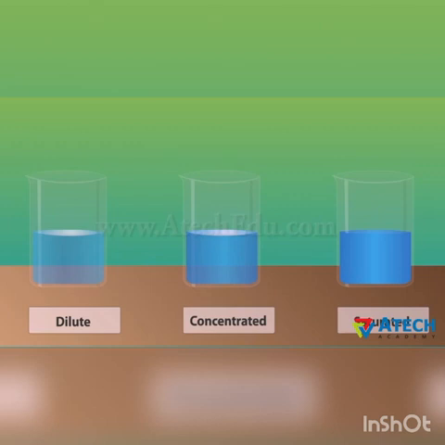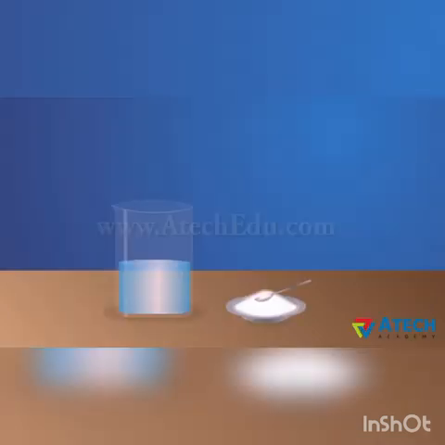When no more solute can be dissolved in a solution at a given temperature, it is called a saturated solution. For example, if we continue to dissolve salt in some water, then after a certain stage, no more salt can be dissolved further. This is because the solution has become saturated.